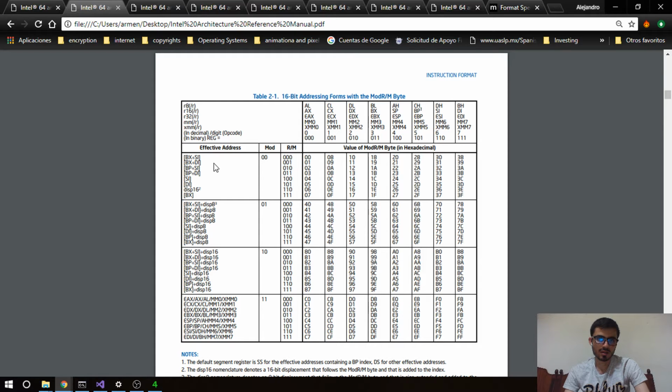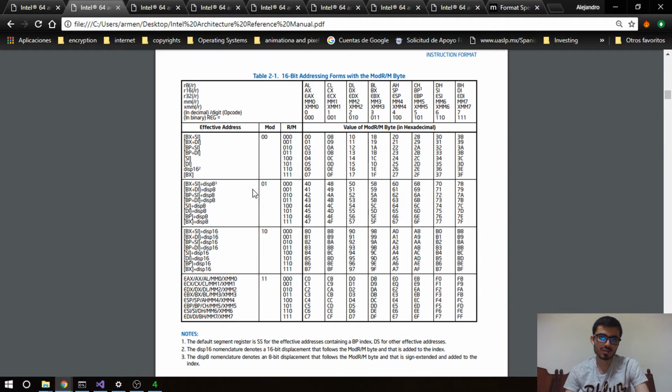It has to have the ModR/M and the reg field respect some encoding that we have there, but the effective address, the one that in an assembler we normally specify, has these: BX plus SI, BX plus DI, BP plus SI, BP plus DI.